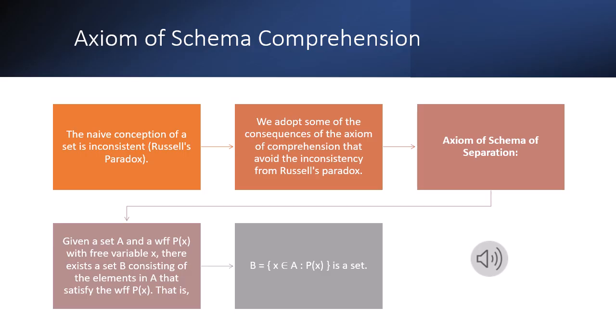And that's what's said in this box here on the bottom left. So given a set A and a well-formed formula P of x, with that free variable x, there exists a set B consisting of those elements in A that satisfy the well-formed formula P of x. That is, this B is equal to this set builder notation, the set of all x in A such that P of x, is actually a set.